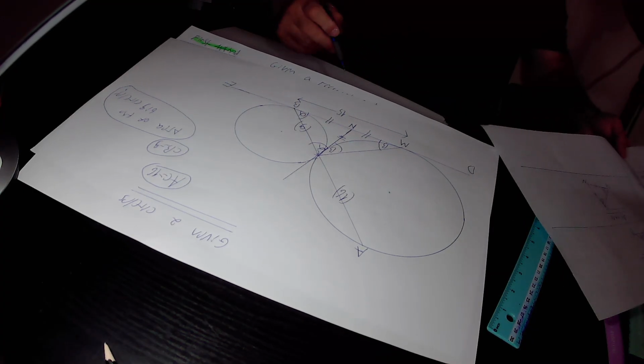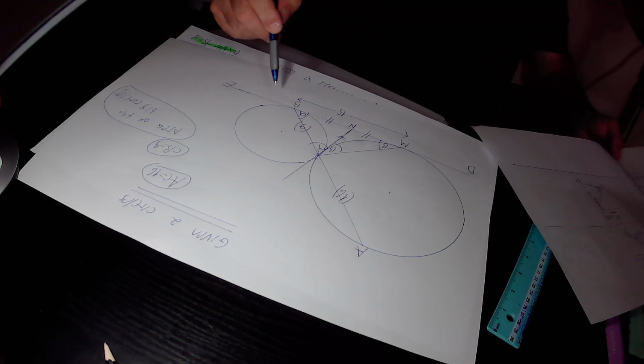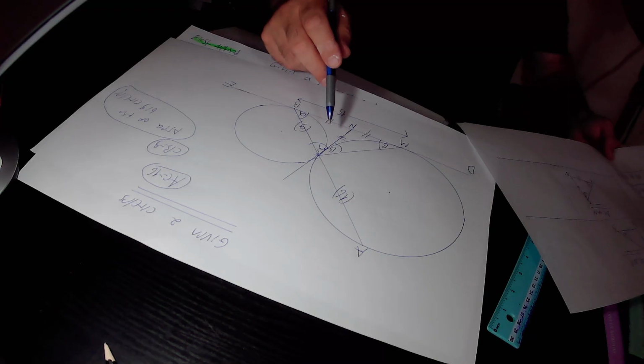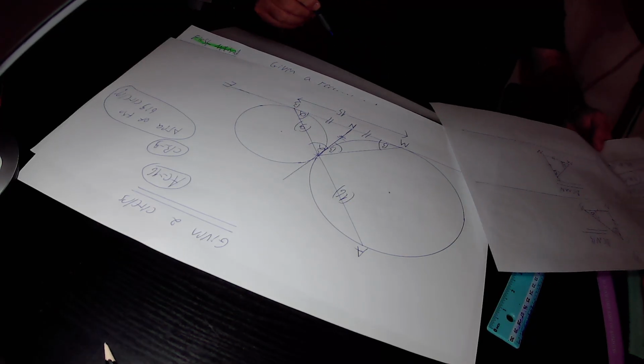In the next step, I'll copy this big triangle CMB on a new page, and we'll analyze this big triangle CMB.